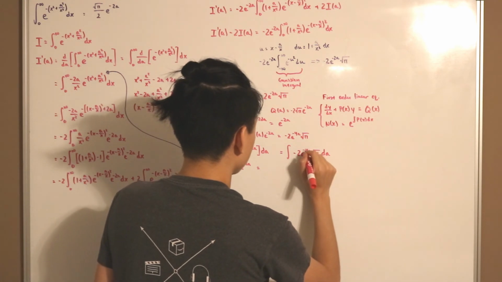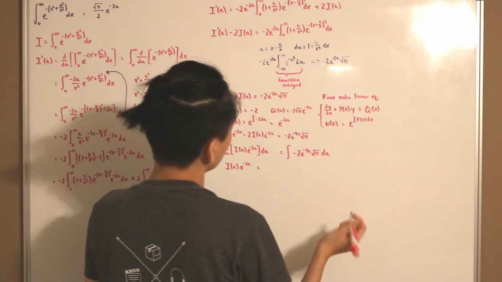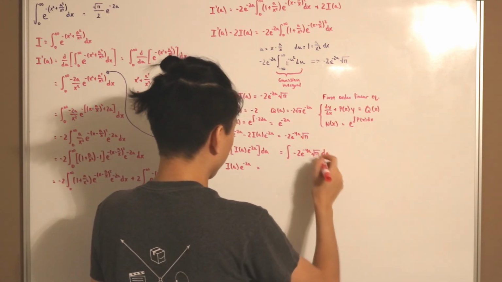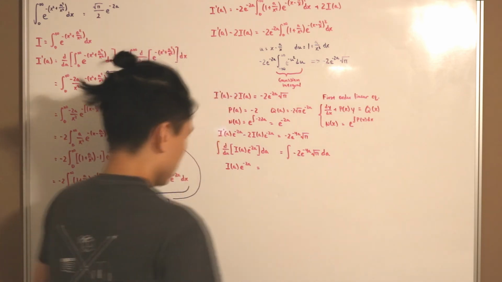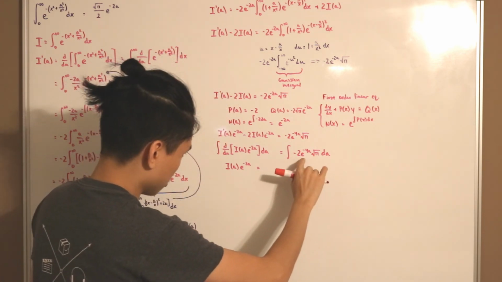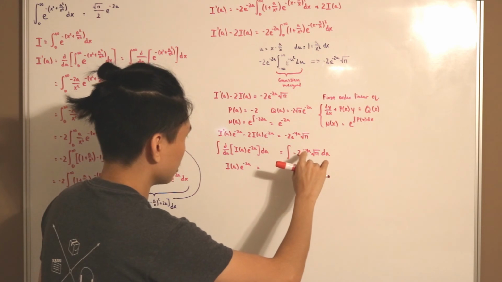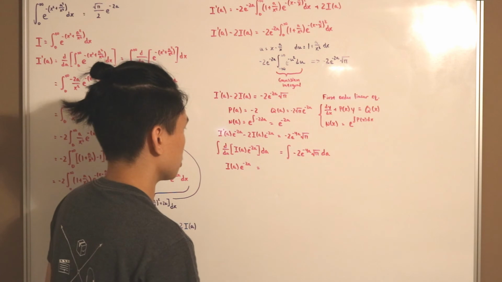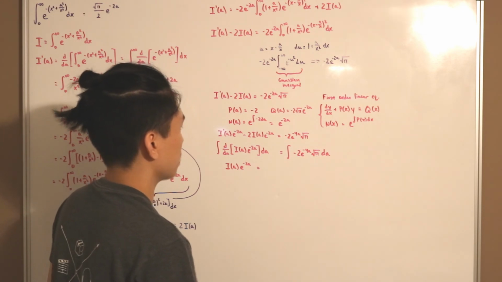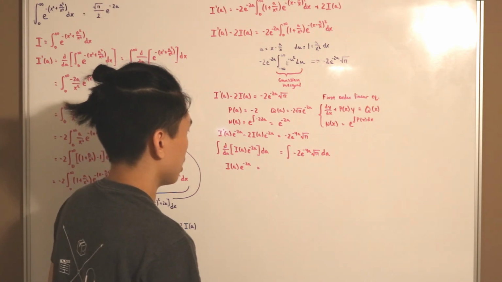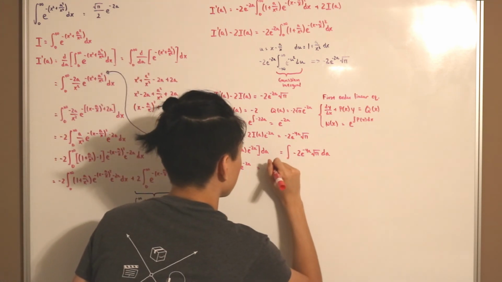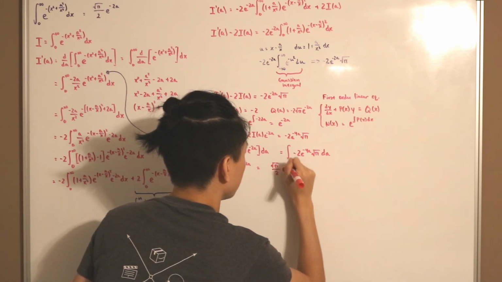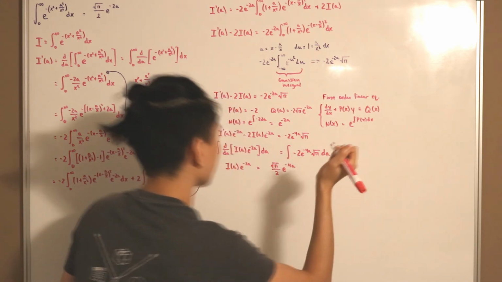We can move the -2 times e to the pi over square root of pi to outside of the integral, and all we're left with is integrating e to the -4a, which is simply a u-sub. So it's just -1 over 4 times e to the -4a, and the negatives cancel out, so it's simply the square root of pi divided by 2, then e to the -4a.